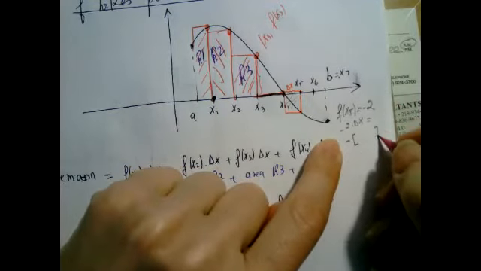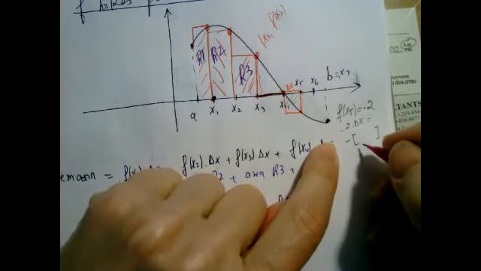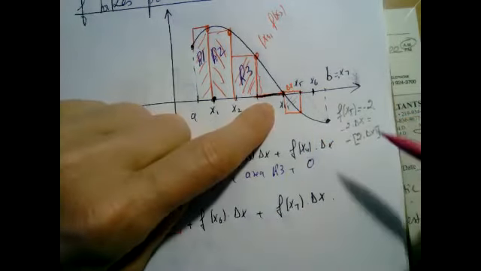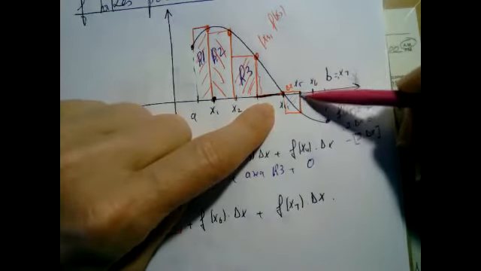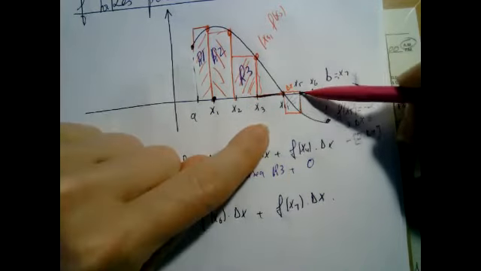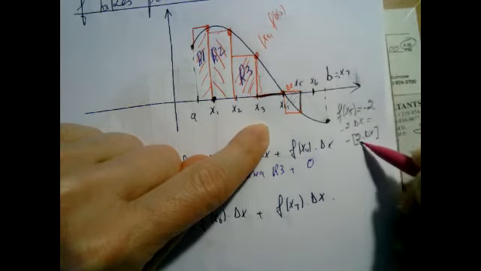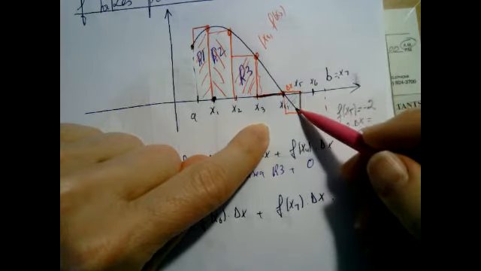If I factor out the minus, because there is a minus, I will have 2 times delta x. But what does 2 times delta x mean? It means the length here, the length now, not the value, the length is 2. And this is delta x. So 2 times delta x represents the area of this rectangle.